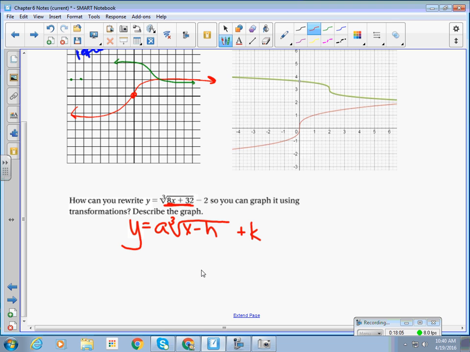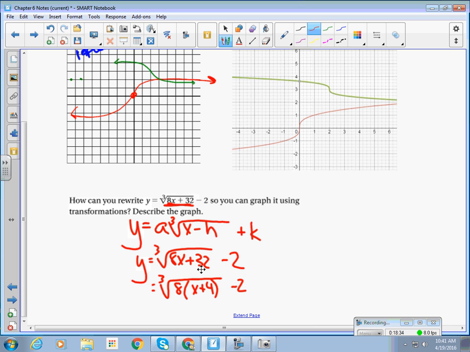So we look at this guy here. Can we factor something out of 8x plus 32? We can factor out an 8, so let's go ahead and do that. So we're starting with cubed root 8x plus 32, and it's minus 2. So we are going to factor out an 8, and we get x plus 4.